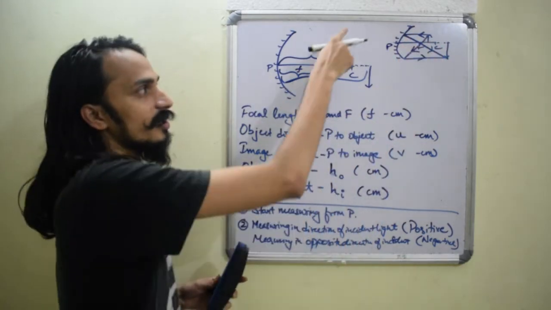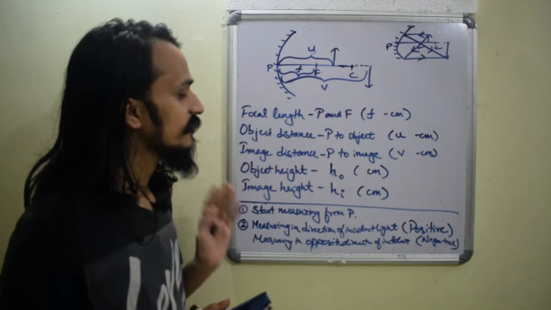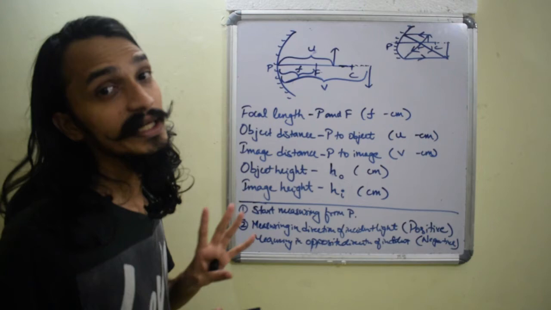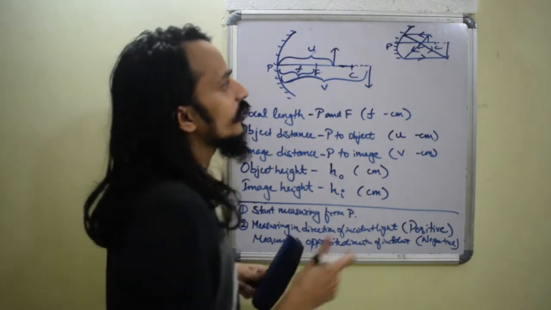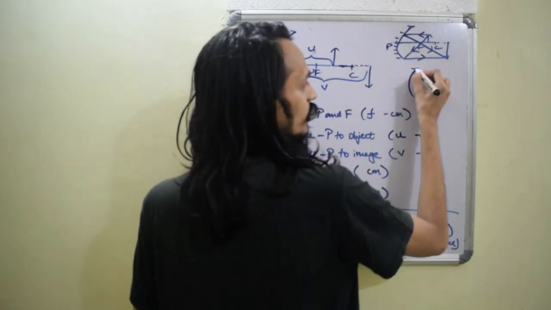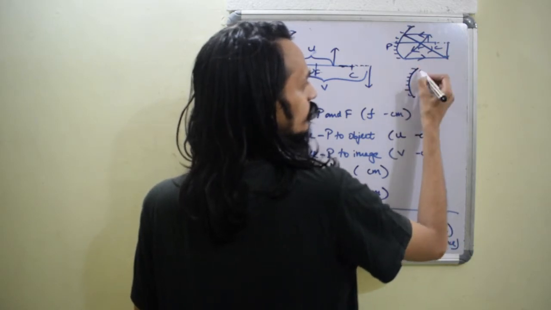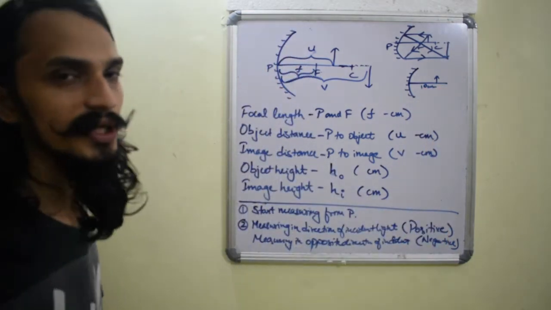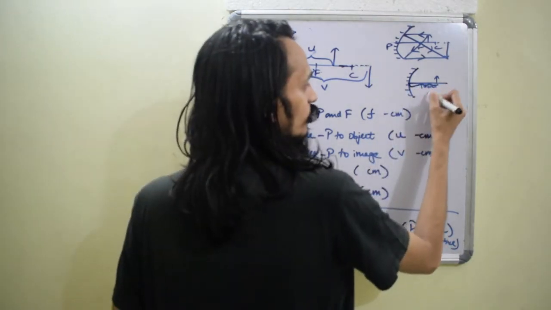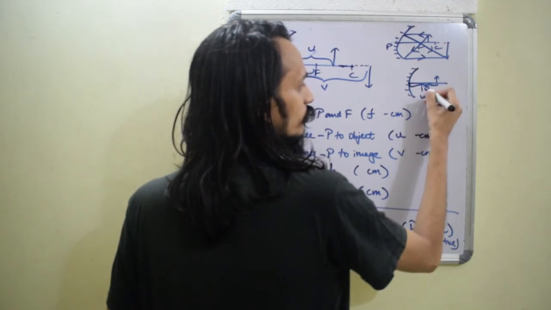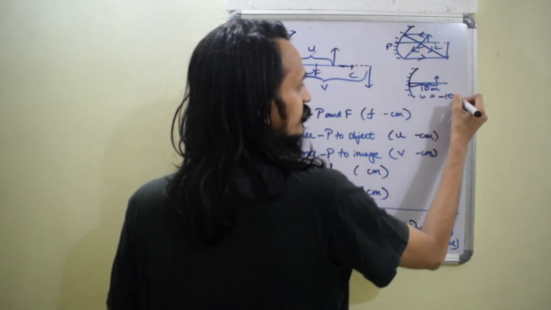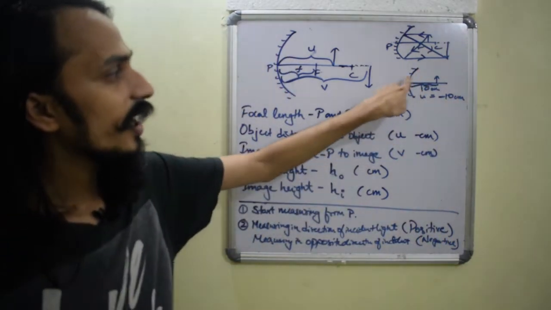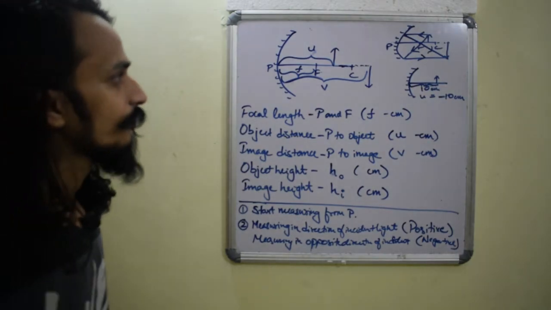I am measuring from left to right, light is coming from right to left. So in case of object distance u, my u is going to be a negative number. Okay, so if I say that in this case this is 10 centimeters, something like that, I will say that u is equal to minus 10 centimeters. I'll call u minus 10 because I am measuring against the direction of light.